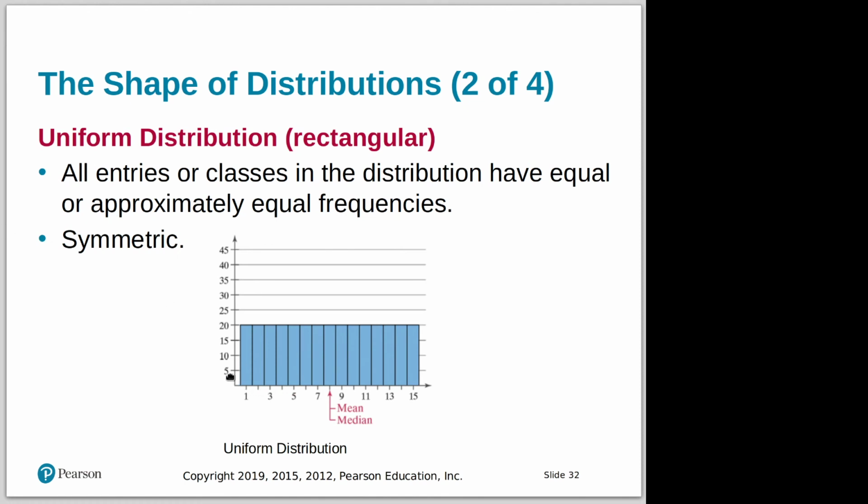If the values are the same for every bin, we call this a uniform distribution. Now the mean and median are the same. It is symmetric, but it has no mode because no particular bin has more than any other.